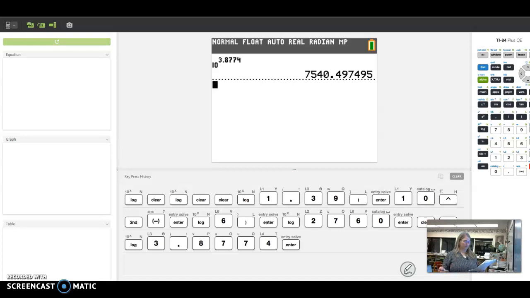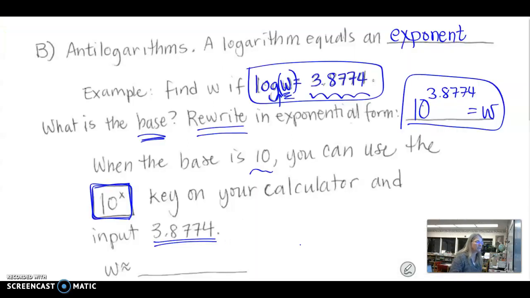Hit enter, and I'm getting this answer, 7,540.497, approximately 0.5. And so that's what w is equal to, and that means that 10 to that power is equal to 7,540.5. The log of 7,540.5 roughly is equal to 3.8774. Okay, so let's go on here. So w was approximately 7,540.5.